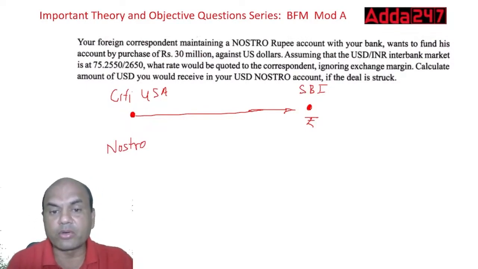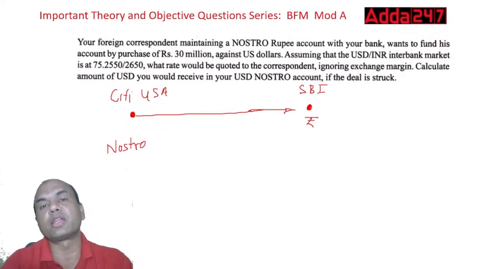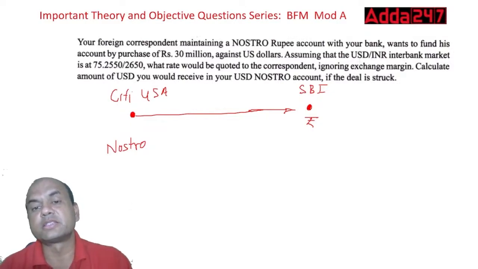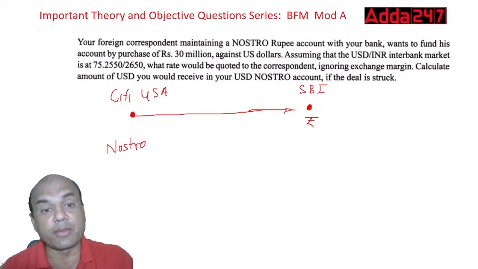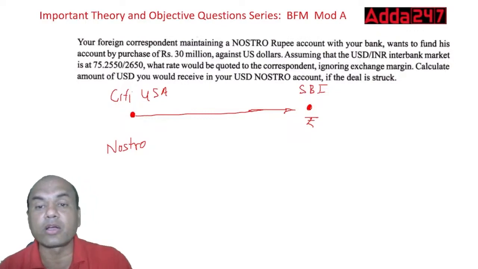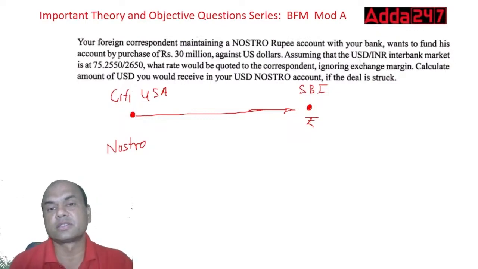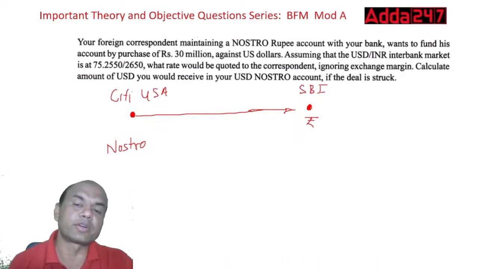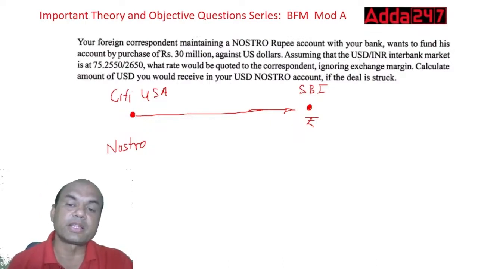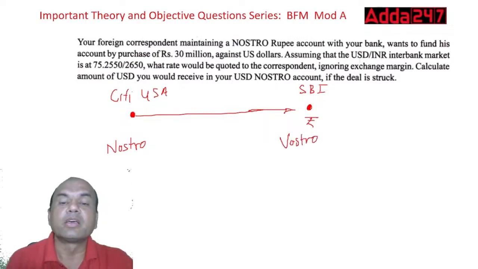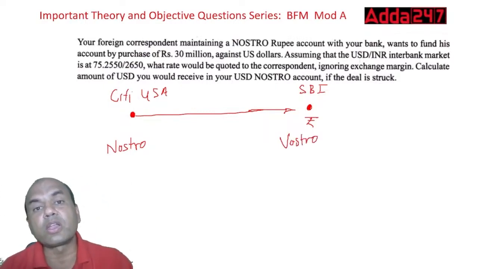And the same account in the books of SBI will be called as what? Here Citibank is maintaining account with SBI. So it is your account with us. So that account will be called as Vostro in case of SBI. Remember, Nostro and Vostro are not different accounts.